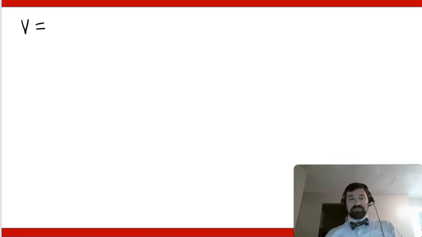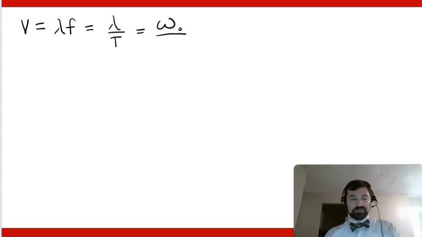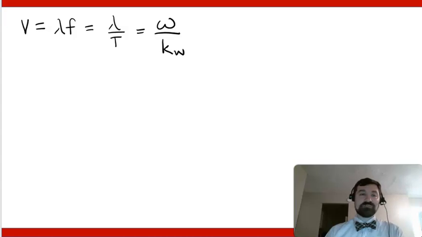The speed at which the wave is propagating is equal to the wavelength times the frequency, which in turn is the wavelength divided by the period, which in turn is the angular frequency omega, or omega naught, whichever you tend to use, divided by the wave number.